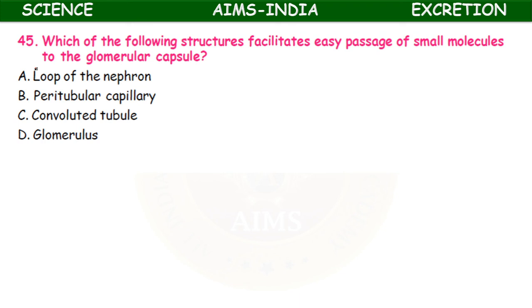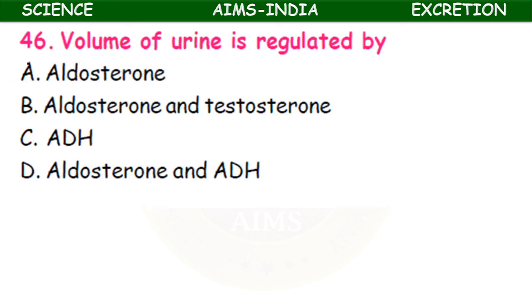Loop of nephron, peritubular capillaries, convoluted tubule, glomerulus. It is the loop of nephron, loop of Henle. Volume of urine is regulated by aldosterone and testosterone, ADH, aldosterone and ADH. It is aldosterone and ADH.